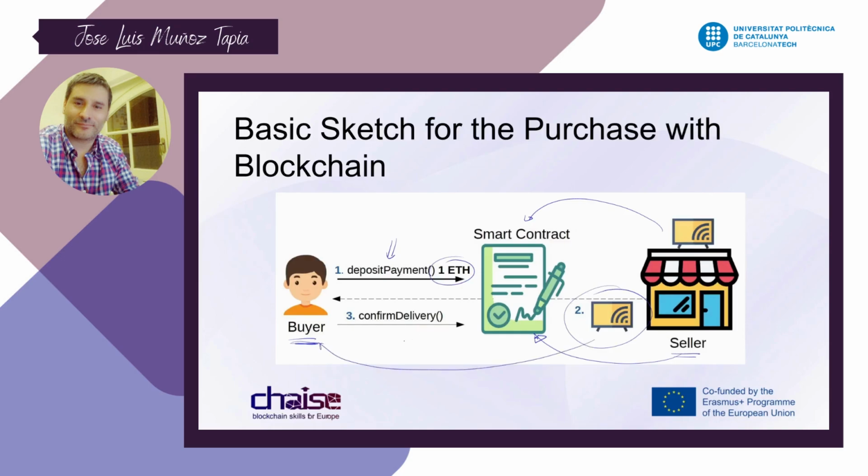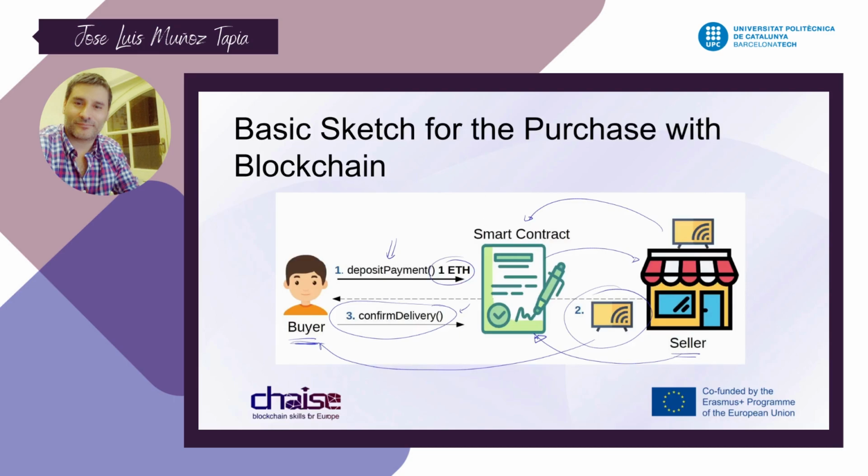Then the buyer can only do one thing: call the function confirm delivery. But the buyer is not going to call this function until he receives the good. When he receives the good, he calls the function confirm delivery, and then the smart contract pays the seller. This is the simple idea of this smart contract.